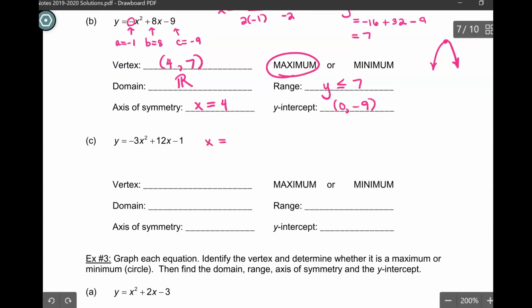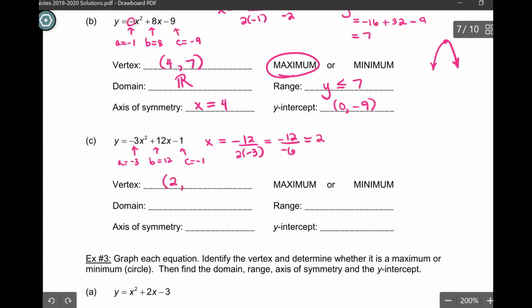Next, let's see, a is negative 3, b is 12, c is negative 1. So x equals negative b all over 2 times negative 3. That's a, so negative 12 over negative 6, which is 2.